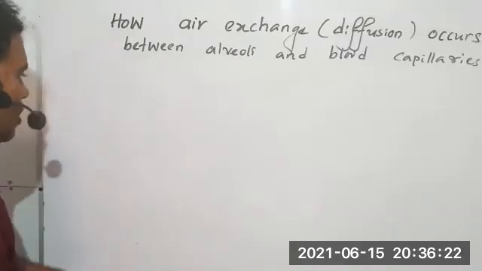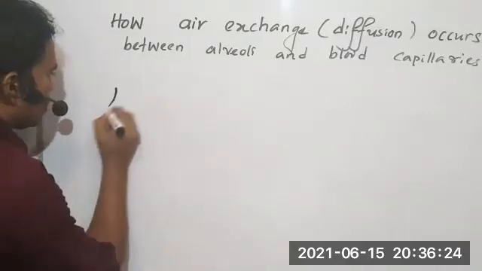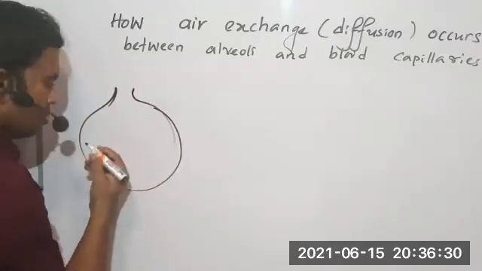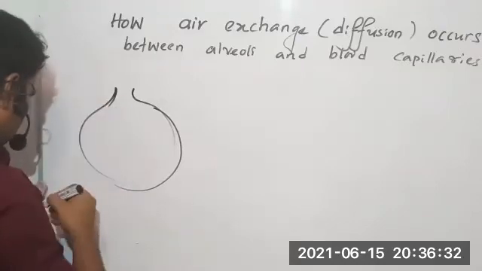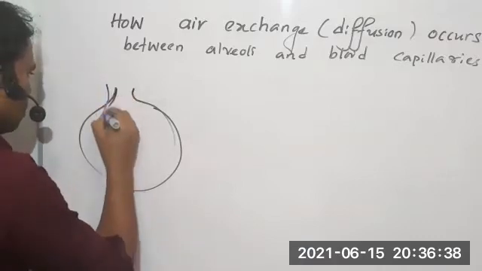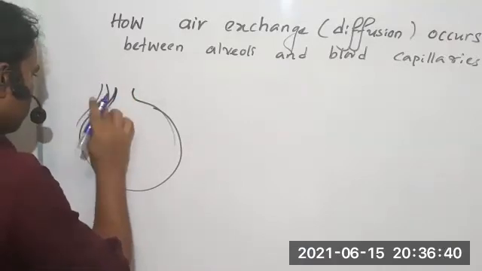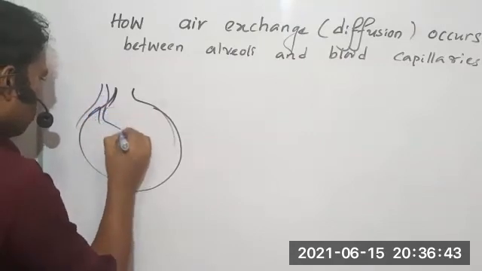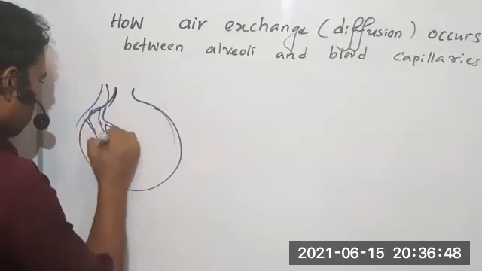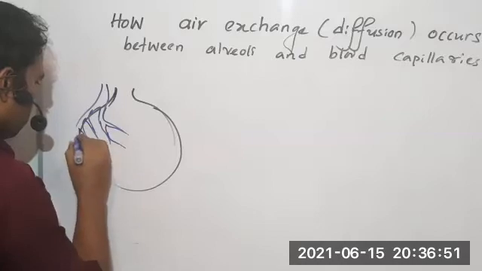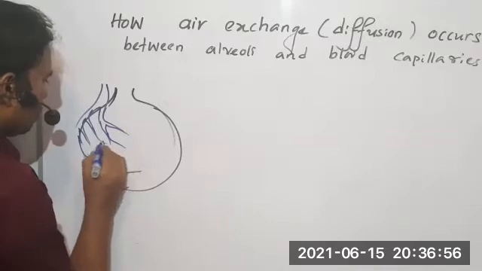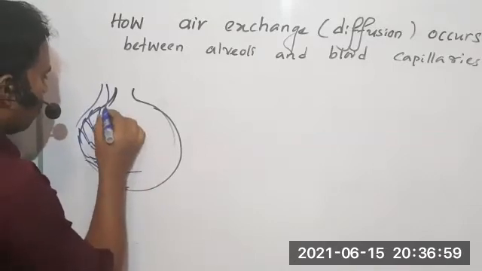First, I'll draw that 3D structure. So this is how it exists. And blood vessels are coming like this, around the alveoli wall.